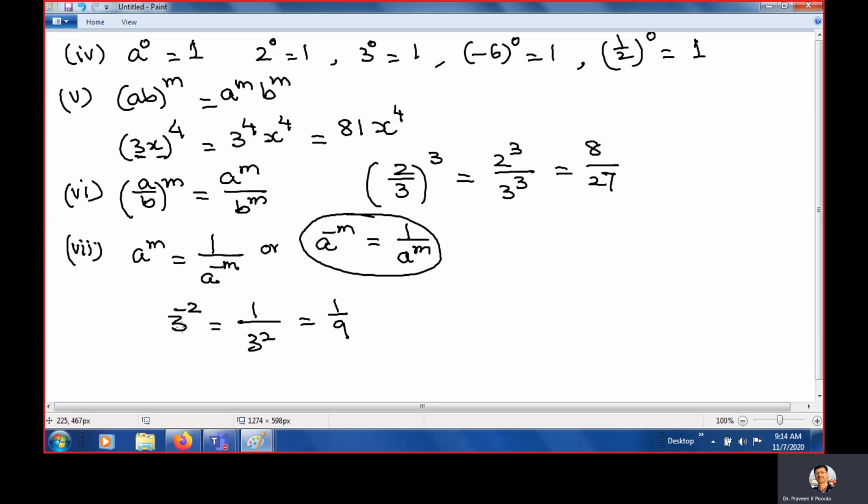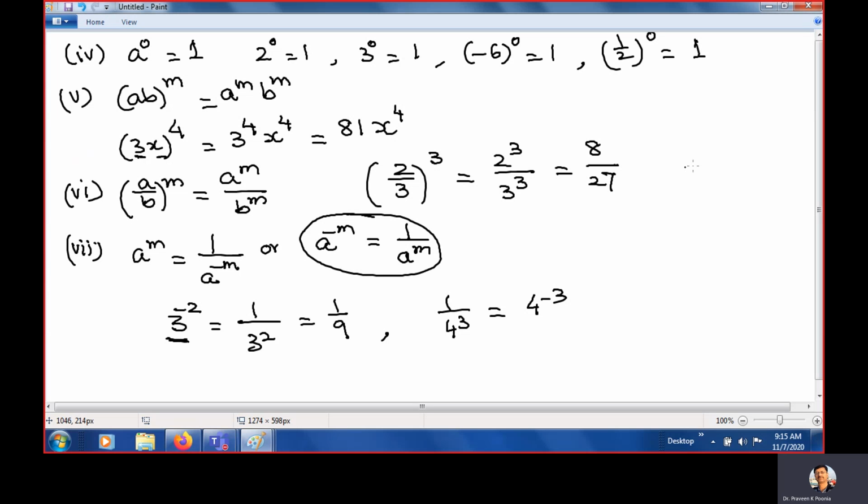So if we want to change the exponent from negative to positive or positive to negative, we need to take it into the numerator or denominator accordingly. What is the value of 1 upon 4 power 3? If we want to write it in the numerator, it will be 4 power minus 3. Got it? So this is how we use the exponential properties.